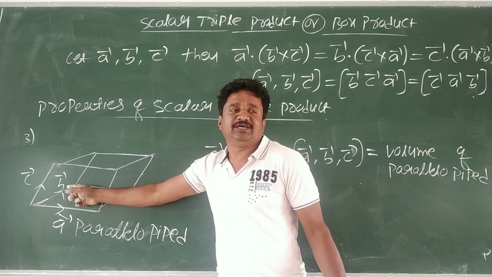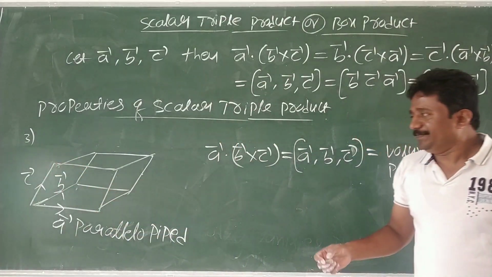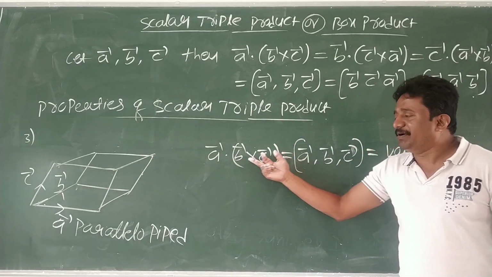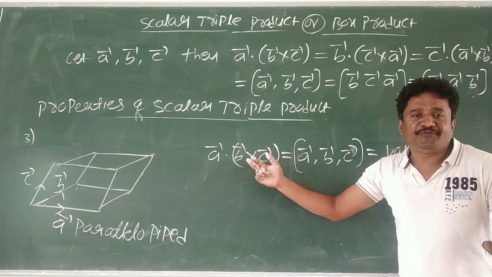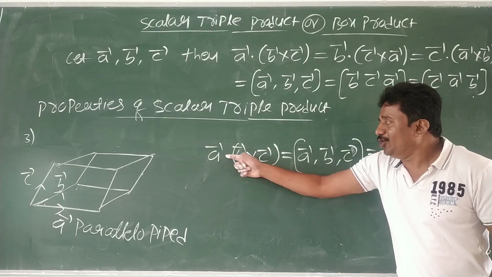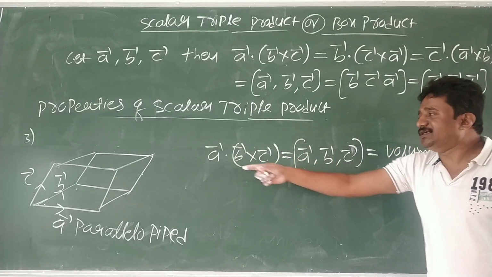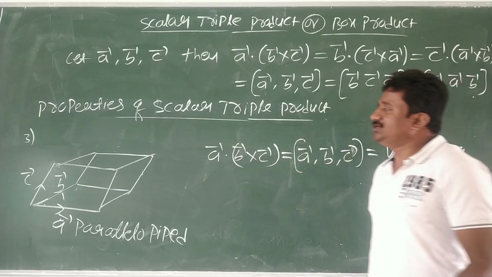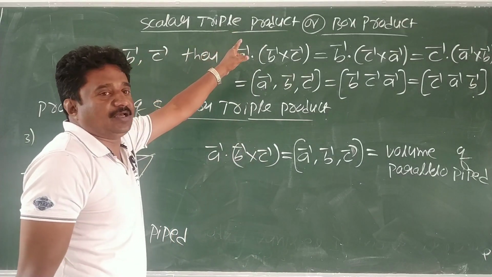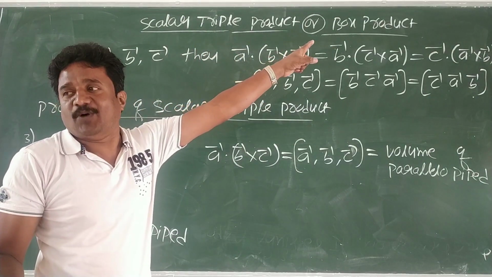Vector A represents one side, vector B the other side, vector C the third side. Then tell me the volume of this parallelepiped. It is nothing but the box product. The value of this box product represents the volume. So look at this, students. Why is this scalar triple product also called a box product?